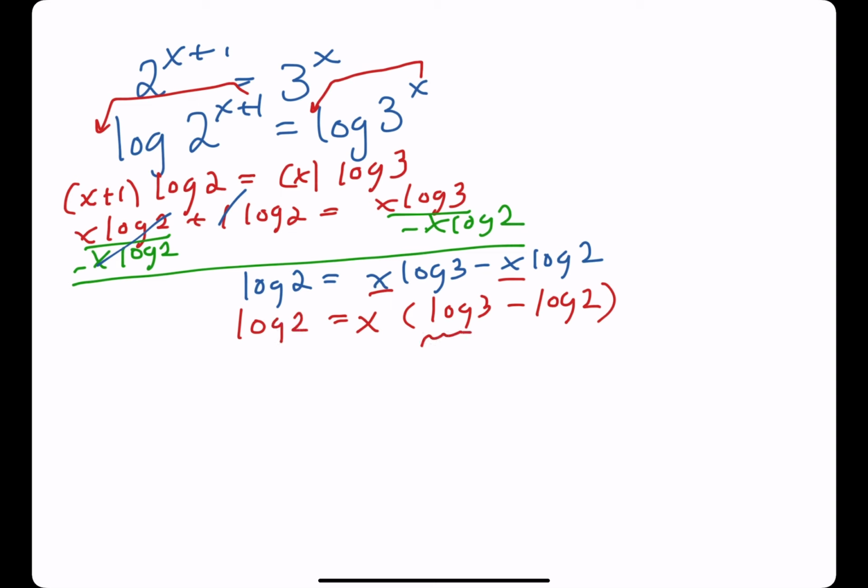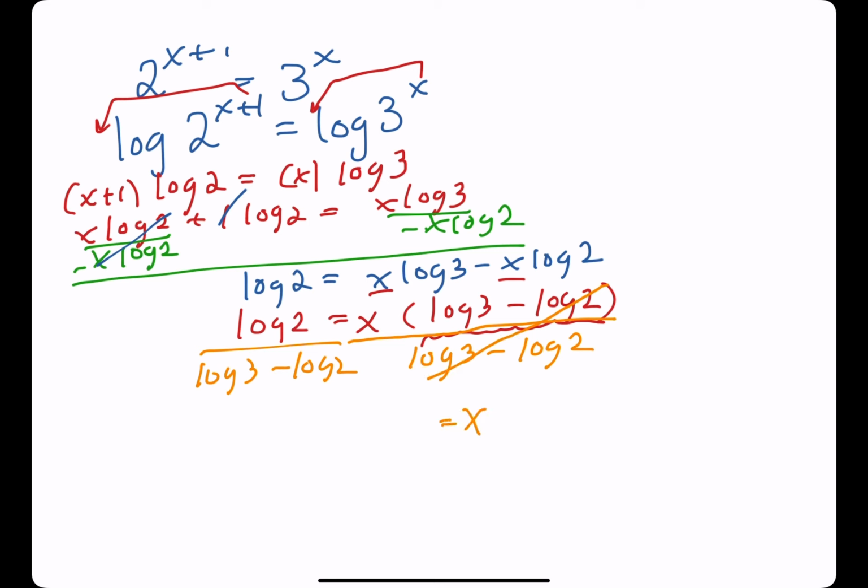So basically this right here is the coefficient of x. So my next step will be to divide it away from both sides of the equation. This side it will divide away and leave x.